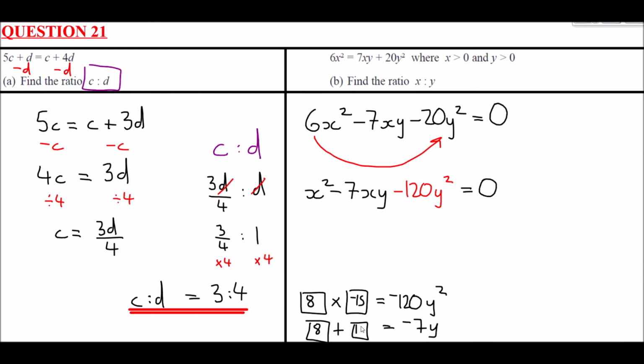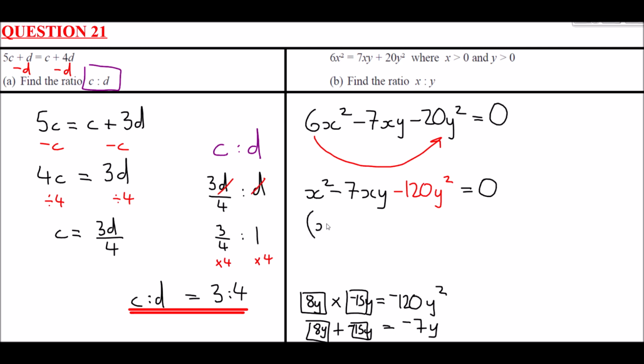However, because it wasn't just minus 120 and minus 7, it was involving a y, we have to add on the y. So 8y times minus 15y would give minus 120y squared, and 8y plus minus 15y would give minus 7y as well. So these are our two values we put into brackets.